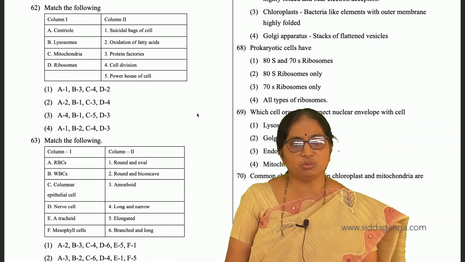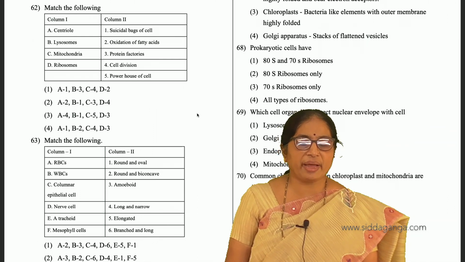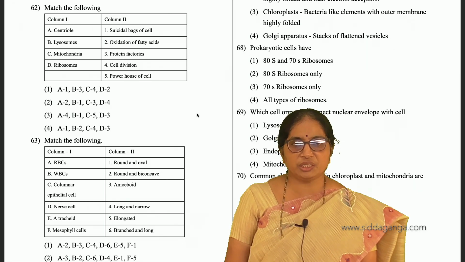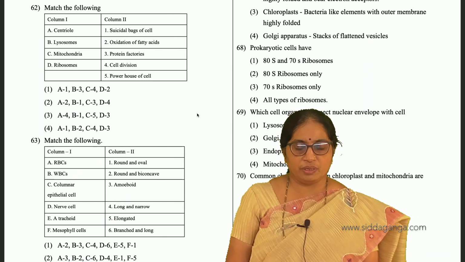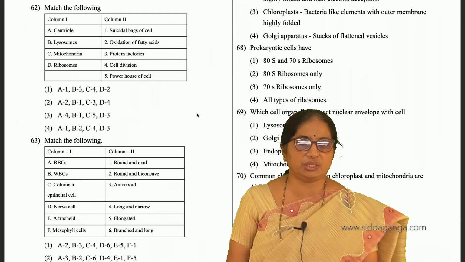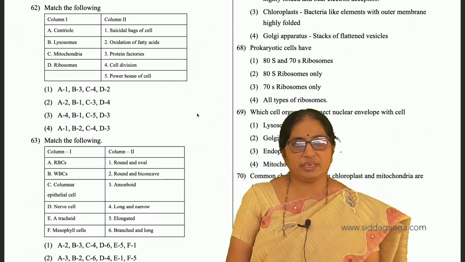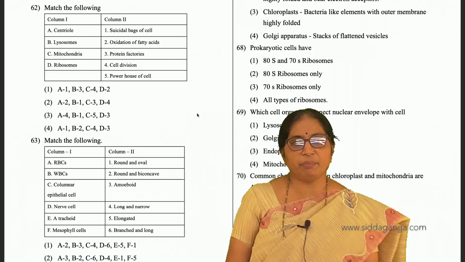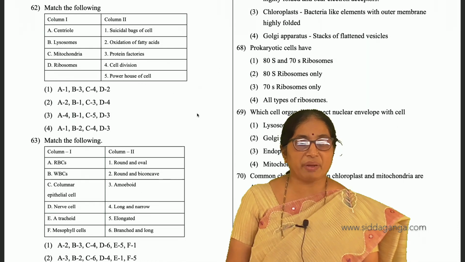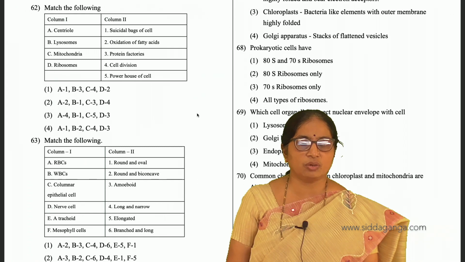Then lysosomes, they are the suicide bags of the cell because they contain various hydrolytic enzymes and sometimes they break the cell itself, hence they are called the suicidal bags of the cell. Therefore, B you can match with 1. And mitochondria, they are the powerhouse of the cell, it matches with option 5 on column 2.